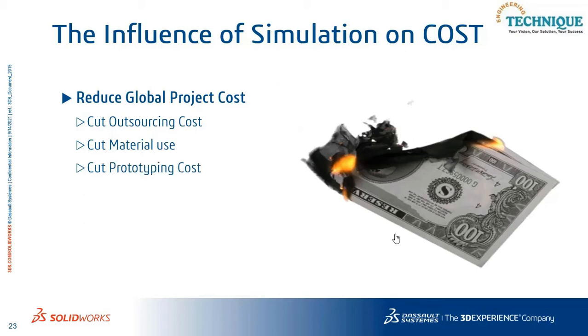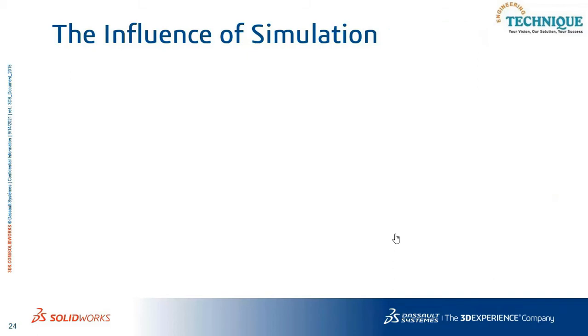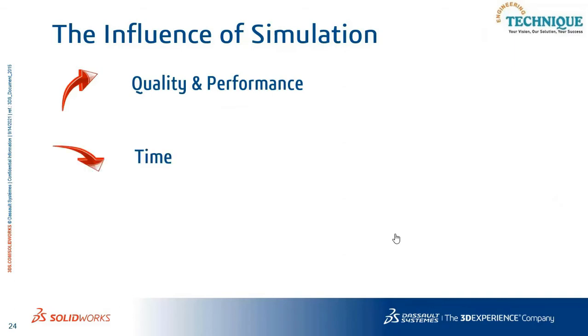You can cut material use, correct? You can optimize your product, prototyping cost, shipping cost and so on. So finally your quality and performance increase, your time reduces and cost reduces. So this was just an overview of the importance, or the influence, of simulation in product development, product designing.